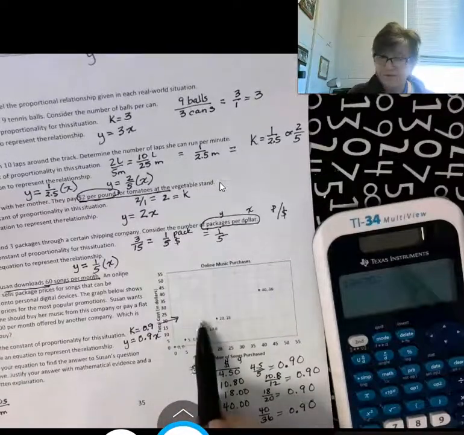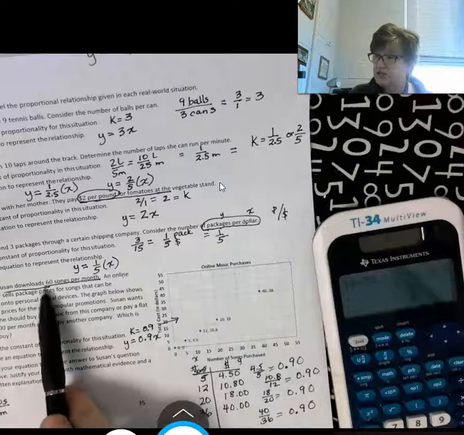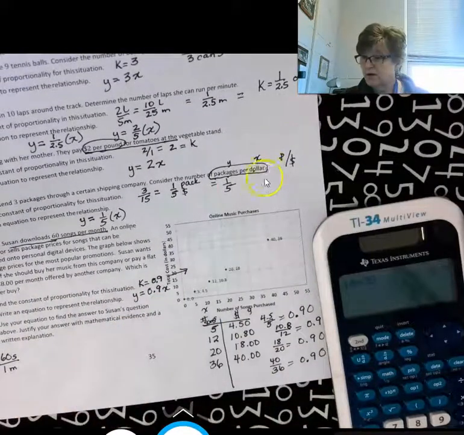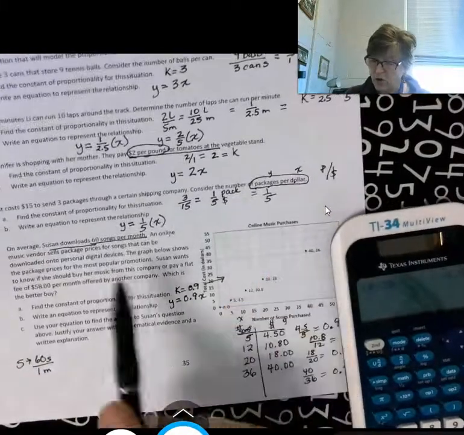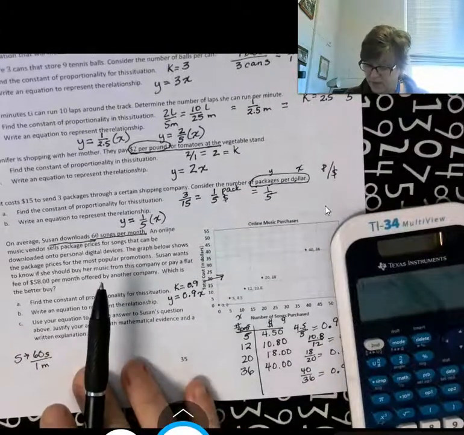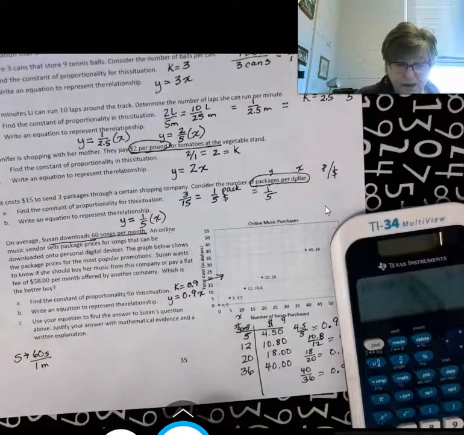So we have figured this part out, but what does that mean in relation to what she's currently already doing? As we're looking at what she's already doing, she's already getting 60 songs per month. Is that correct? Okay.